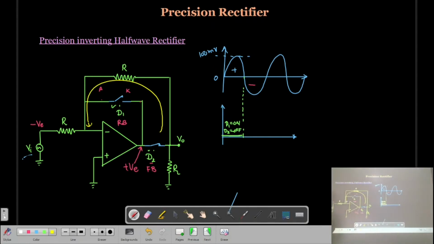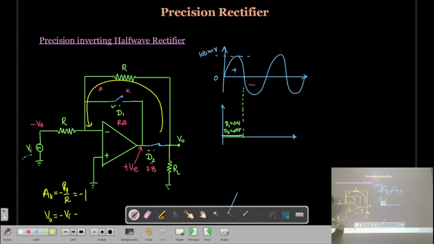The gain of the inverting amplifier is AV equal to minus RF by R, and in this case RF equals R, so it is minus 1. Remember, here the gain is minus 1. So the output voltage will be equal to minus the input voltage.